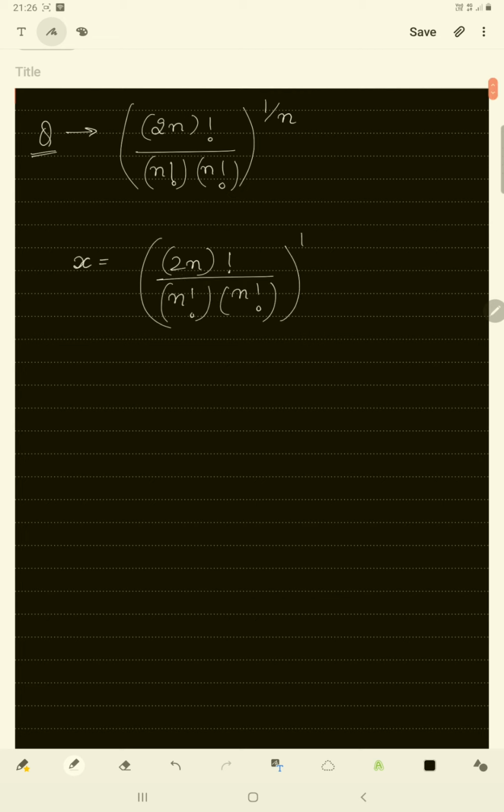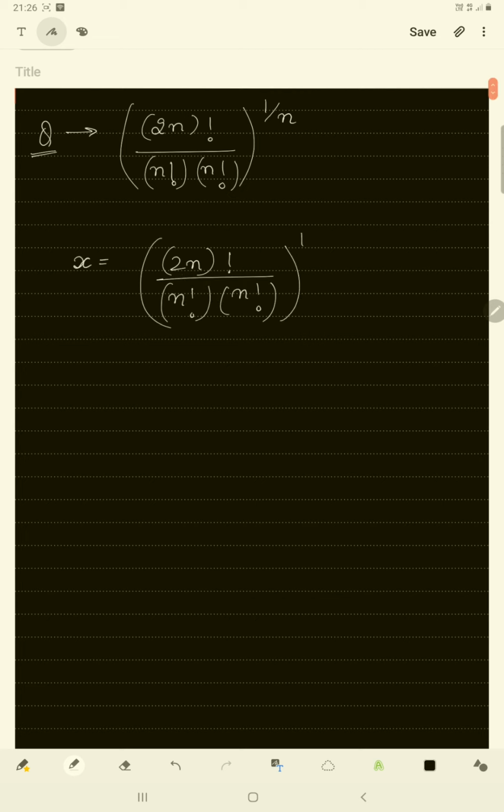Now we can write this n factorial also. Let me write it in the second step, till 2n upon n, upon 1 into 2 into 3 till n. So this is n factorial. Now we have 1 by n log of, and now we can separate these terms.